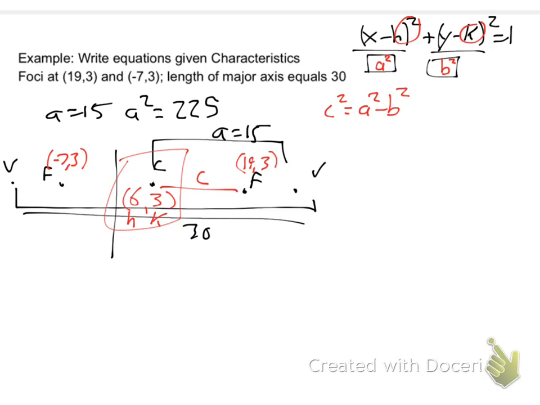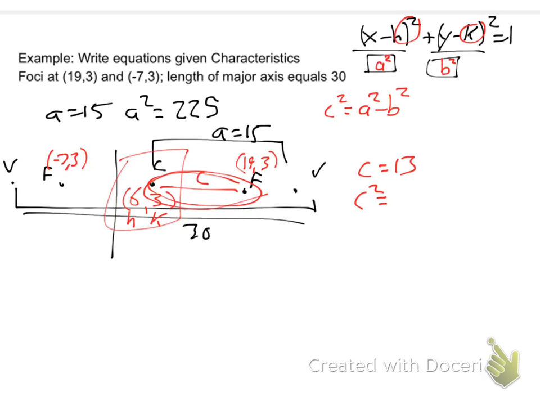C, or C squared. C is the distance from the center to the focus. Which means, what was this distance? 13. From 6 to 19 is 13.